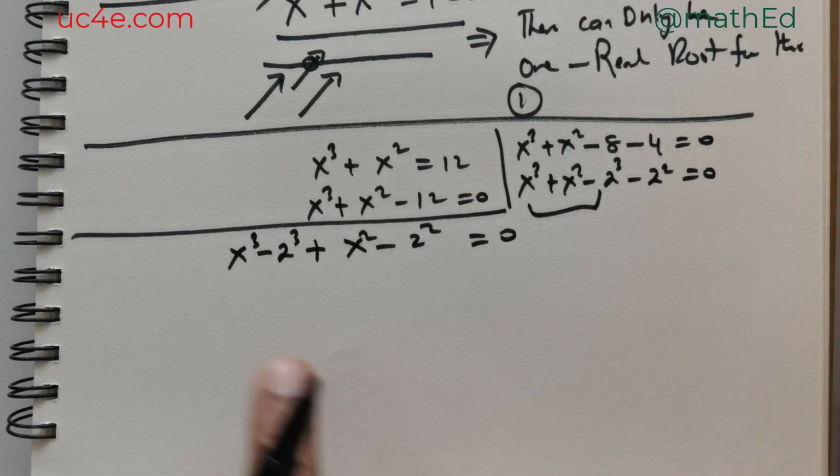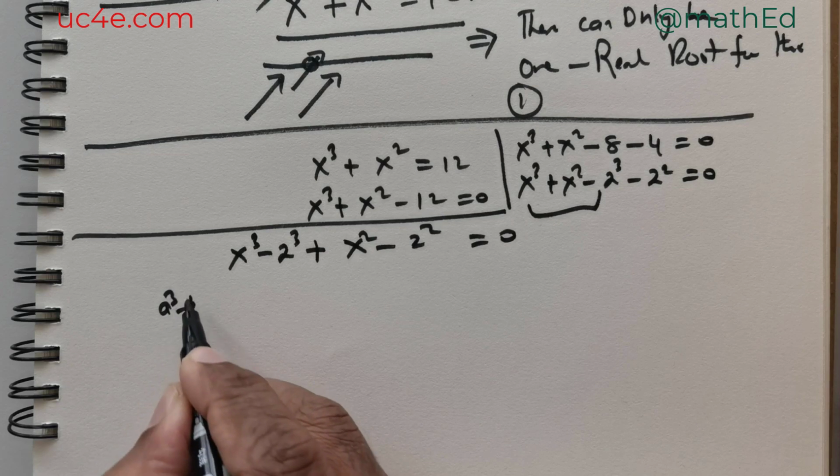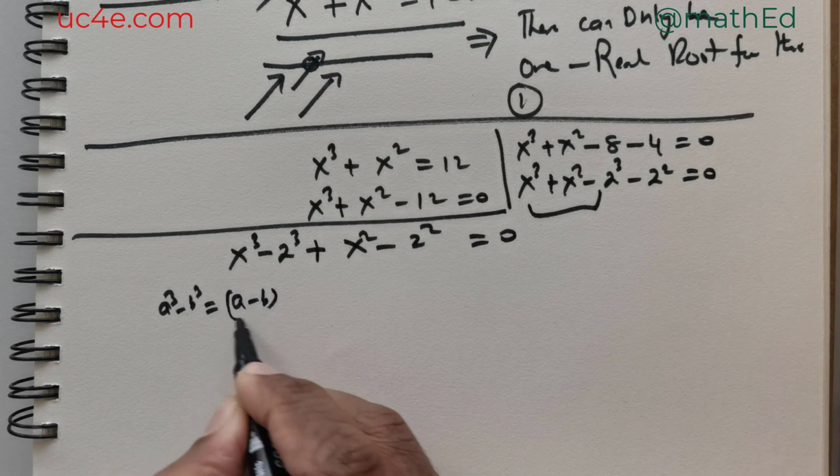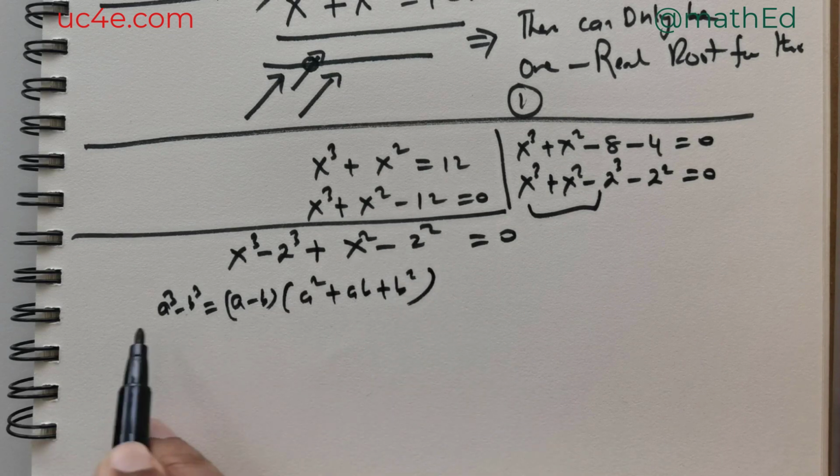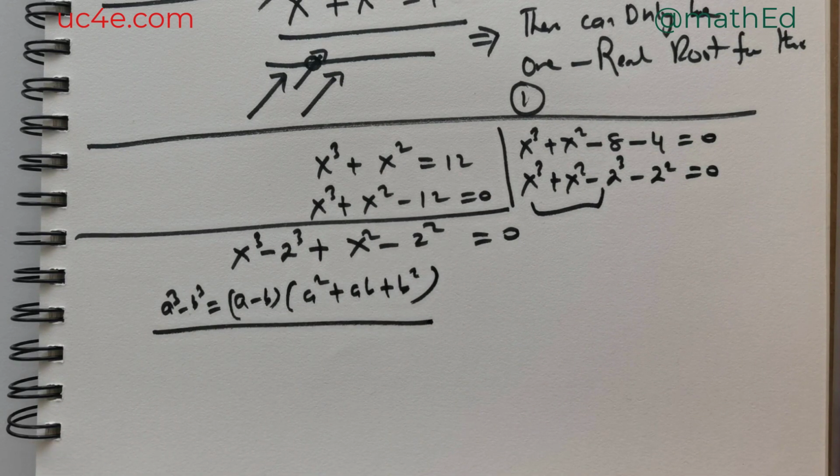I'm not doing anything. Now this is of the form a cubed minus b cubed, which is going to be a minus b times a squared plus ab plus b squared. This is a popular identity.